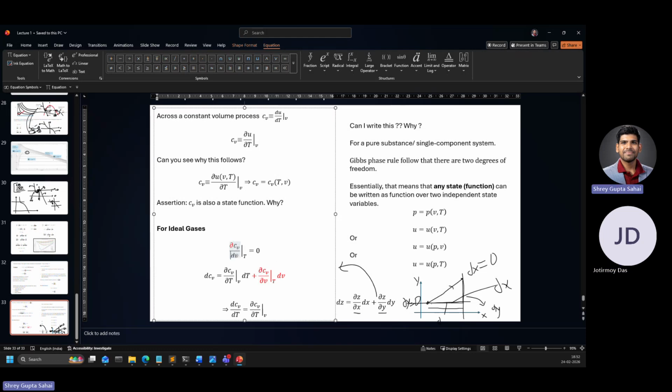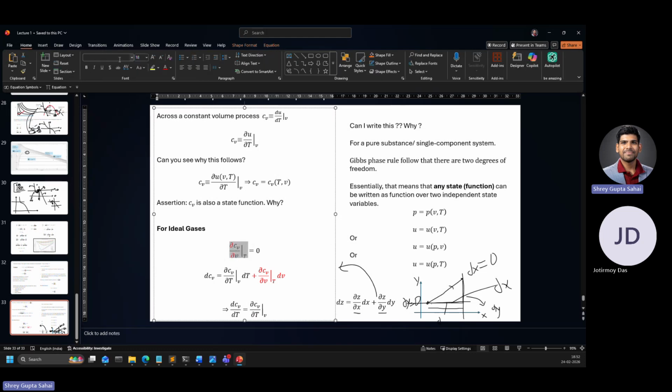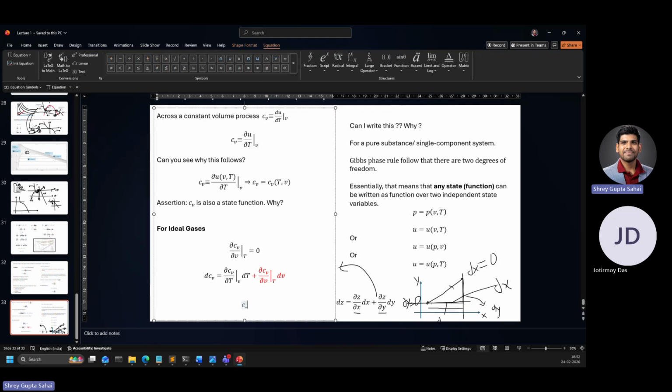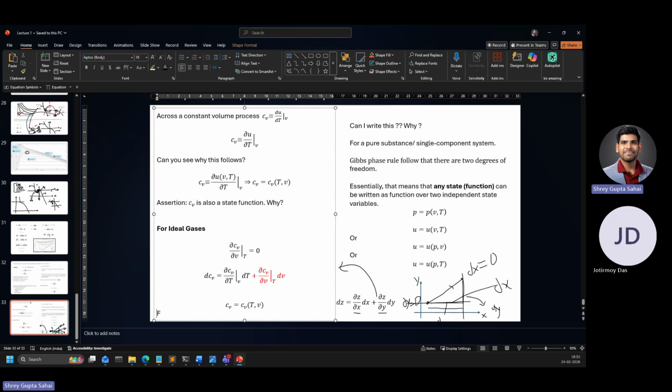If I keep my temperature constant, my CV value does not change with my specific volume. So it should be an independent quantity, it should not be dependent on V or specific volume. So CV should only be a function of T, whereas generally it is a function of T comma V, for an ideal gas.